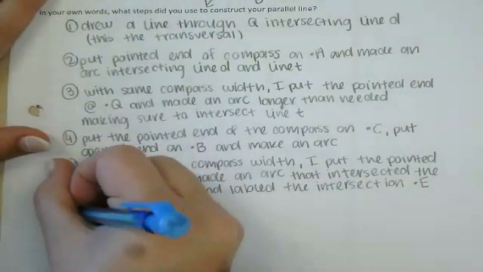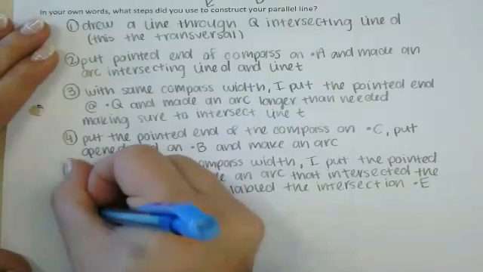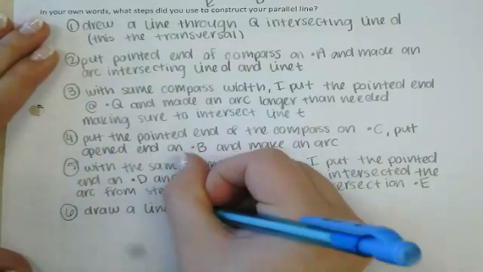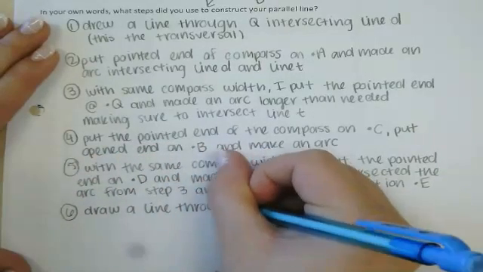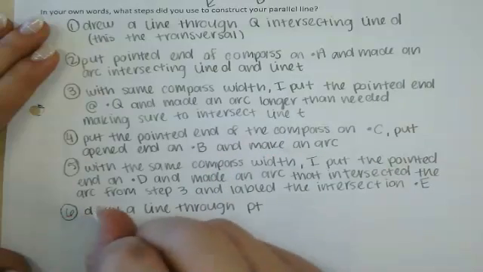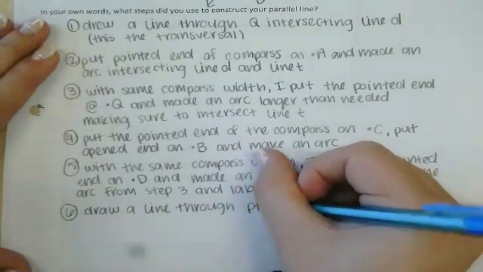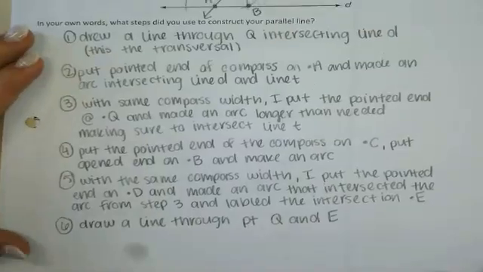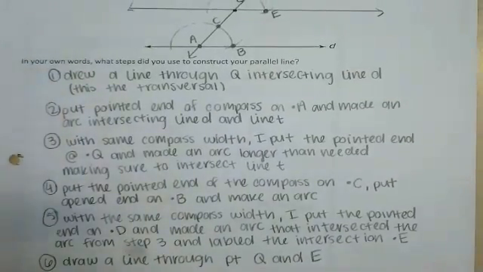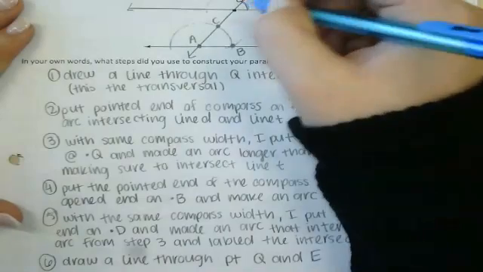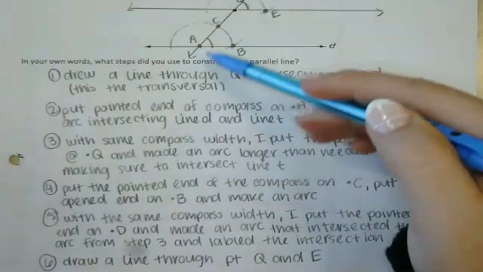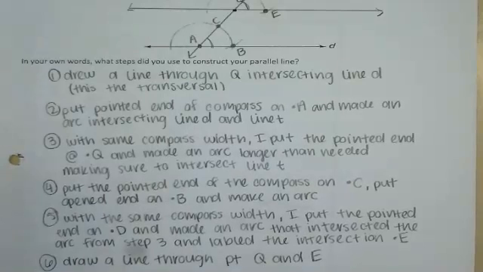Step 6 would be to draw a line through point Q and E. And now we have constructed two parallel lines, and we also would know that this angle and this angle should be congruent because they are corresponding due to the fact that these are parallel lines, and this segment that we drew up here acts as our transversal.